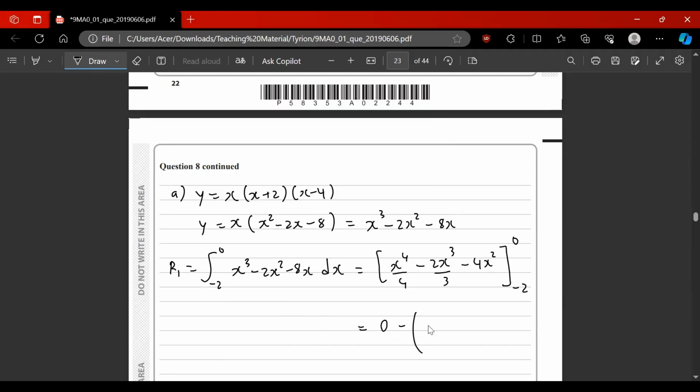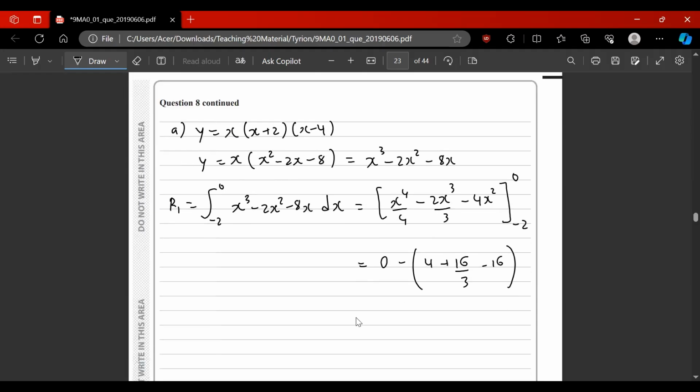And then for the second part, we have -4 plus 16/3 because of this negative sign. And then finally, when you put in -2, you get -16. Then you can simplify this and you will find your answer to be 20/3.